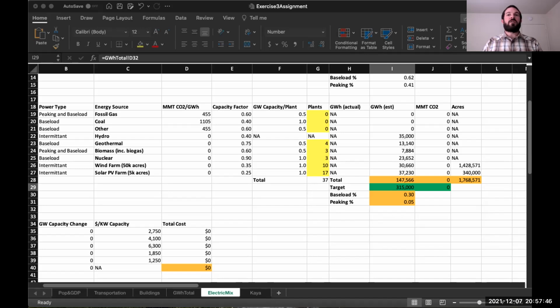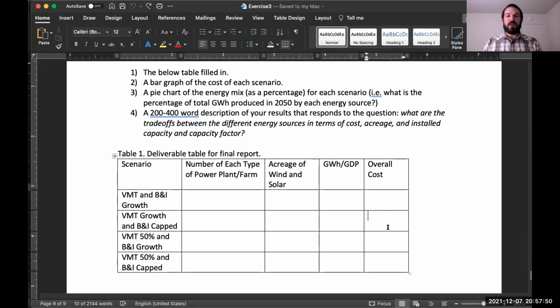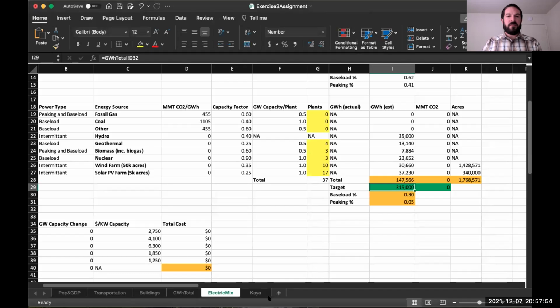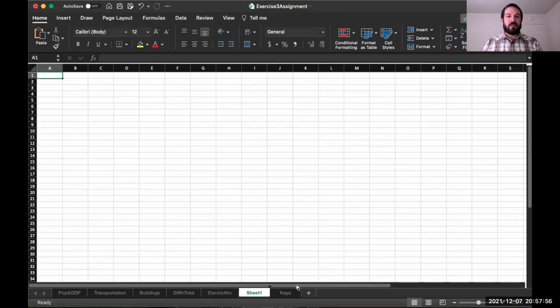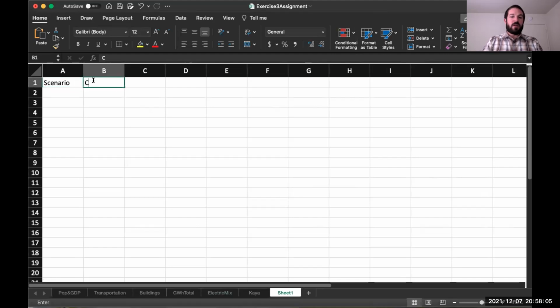So overall cost right here, right? Overall cost right here, whatever that is. Let's just say that we have scenario, we have cost, what was it, 210 billion. Okay, let's just say 210, just to keep it easy, 150, 150, 100.